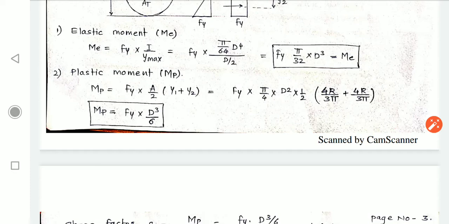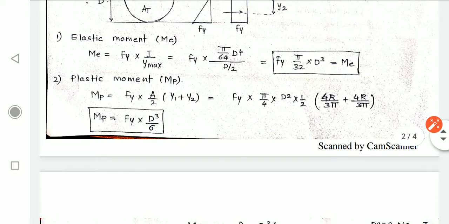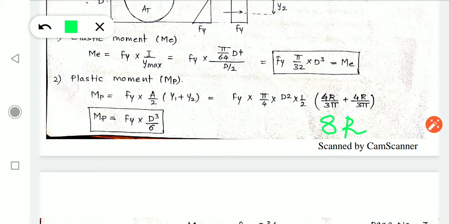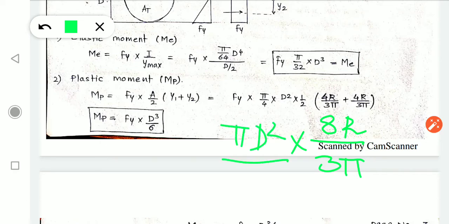So it is 8r divided by 3 pi into pi d square divided by 4 twice. Twice 4 are 8, the 8s get cancelled, and this pi and this pi get cancelled.